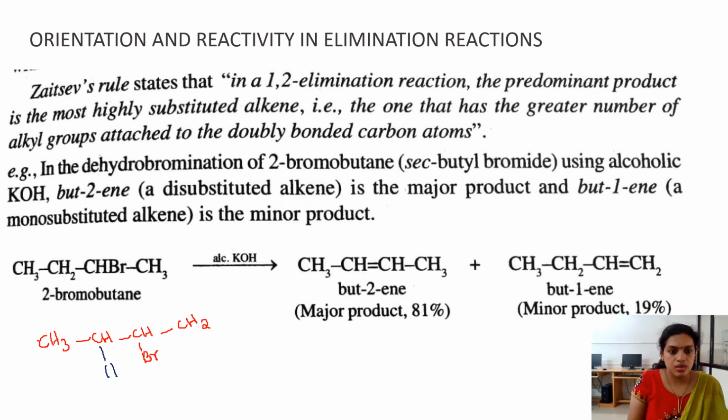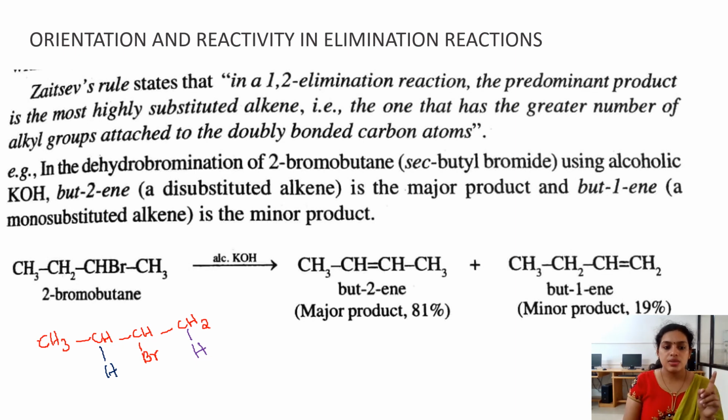So this is one possible hydrogen and this is the second hydrogen available. You can understand that these two hydrogens are not identical. In the previous examples, all the other alkyl groups were identical, so hydrogen could be eliminated from any of those carbon atoms and only one product was obtained.